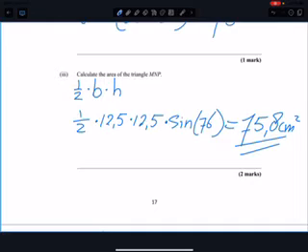If you did it any other way, the answer would have also been 75.8 square centimeters. Yes, area of a triangle. You can find this a lot in exams, a lot in CXC exams.